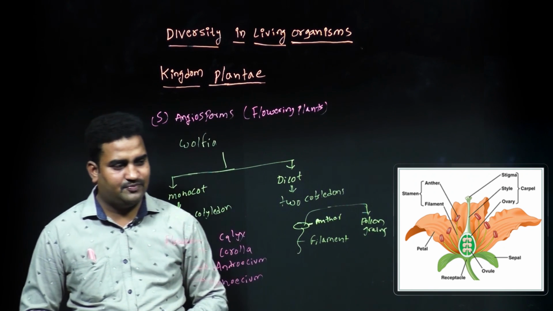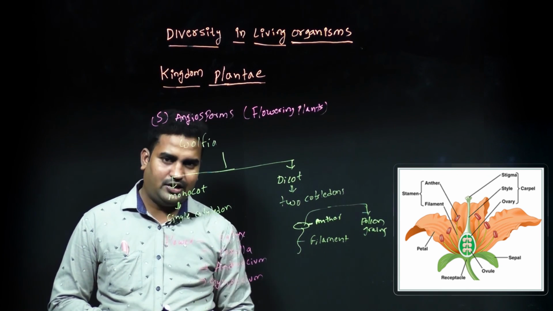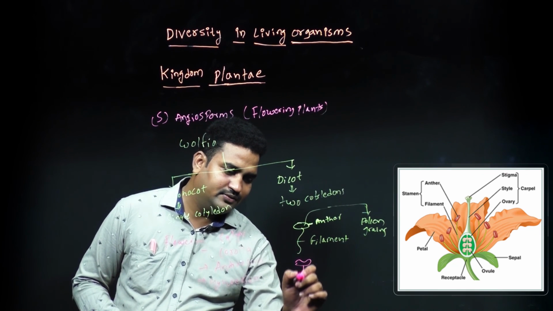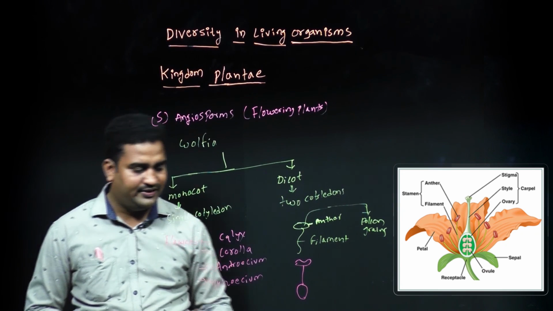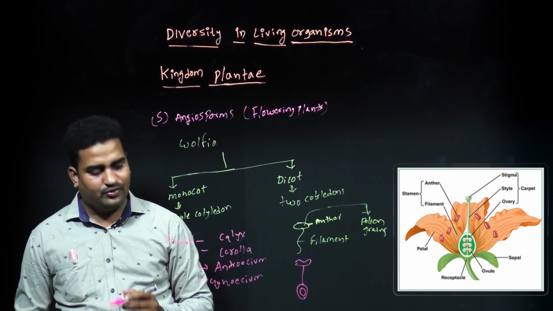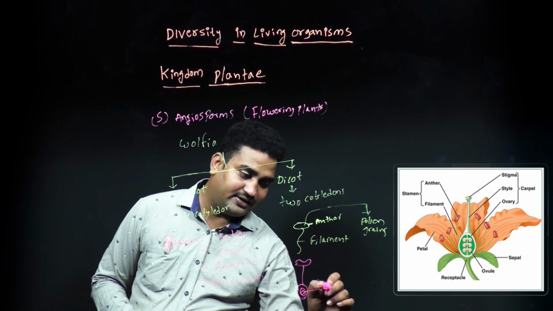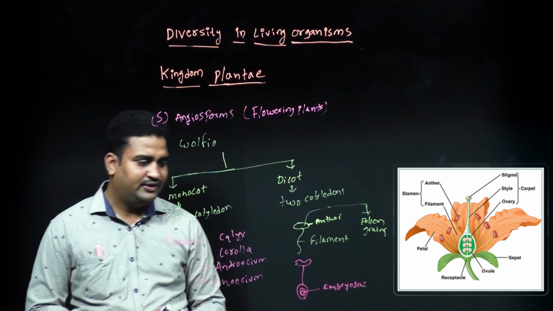The single unit of gynoecium is called pistil or carpel. It bears stigma, style, and the basal swollen part is the ovary. Inside the ovary there are one to many ovules. Inner to the ovule there is the embryo sac. This embryo sac contains the female egg.